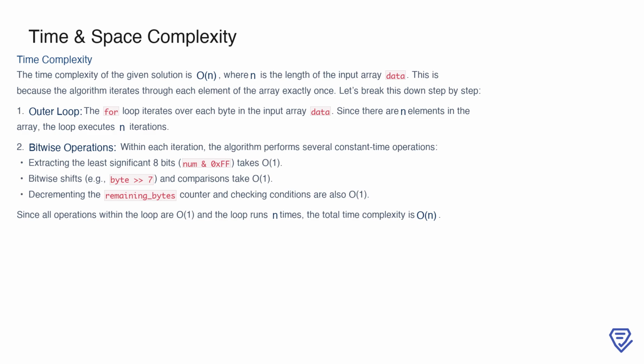Within each iteration, the algorithm performs several constant time operations, such as extracting the least significant 8 bits with number & 0xFF, performing bitwise shifts like byte >> 7, and making comparisons. These operations are all O(1). Additionally, decrementing the remaining_bytes counter and verifying conditions are also constant time. When we combine these O(1) operations with the n iterations of the loop, the total time complexity becomes O(n).